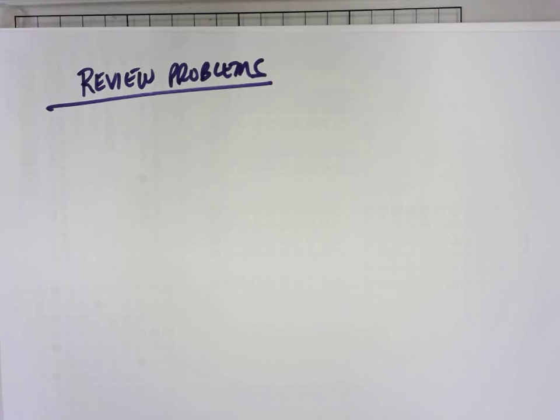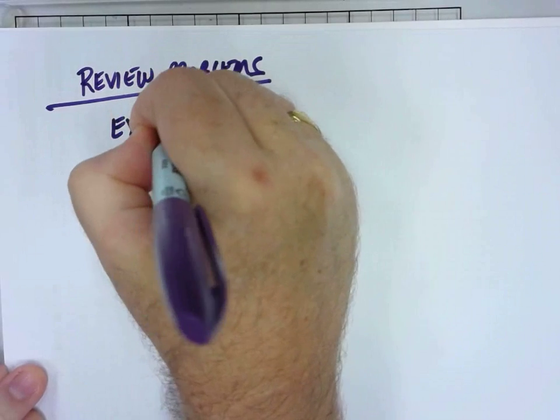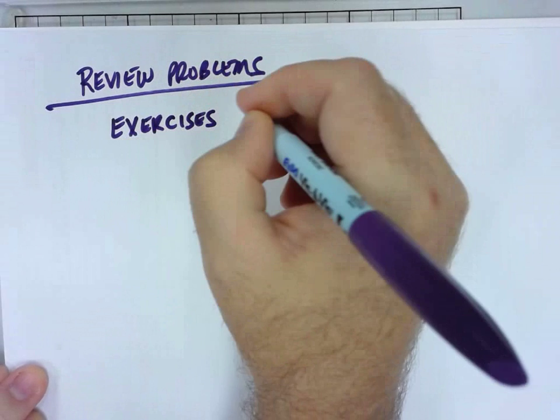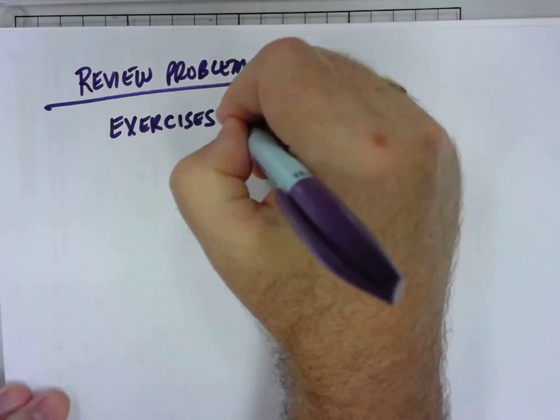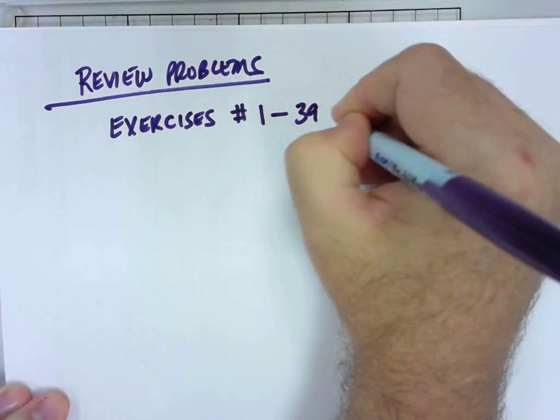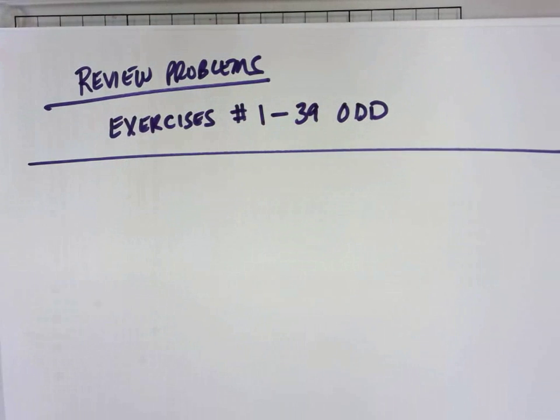And then for the exercises, can y'all work on the odd ones? I think that's 1 through 39, odd. And then we can talk about some of these tomorrow. If you have questions today, I'll answer them, but we can talk about them as a class tomorrow.